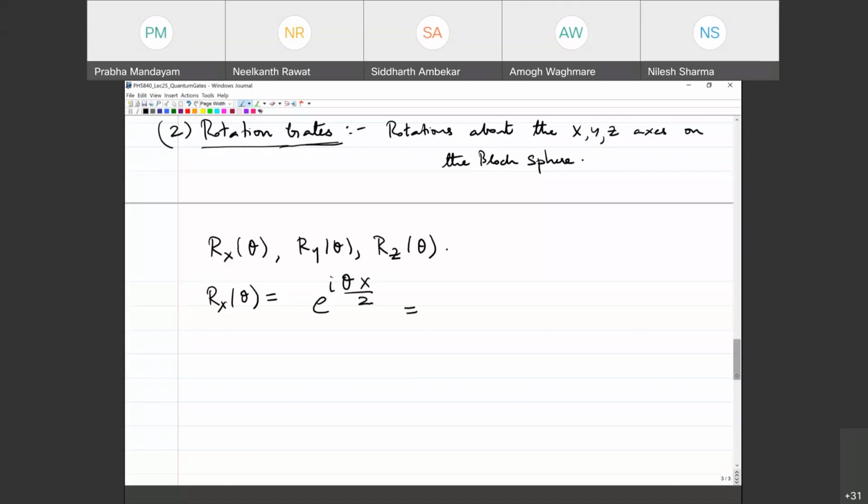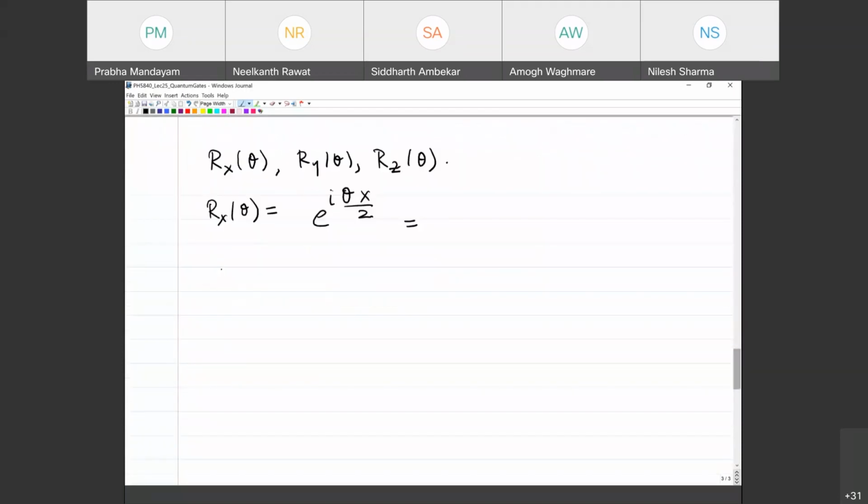So what does this expand out to? Similarly, Ry of theta is e to the i theta by 2 y, and Rz of theta is e to the i theta by 2 z. Does anybody remember what this kind of expansion works out to? Did you not work out something like this in your assignment 1? Okay, I should put a minus sign here.